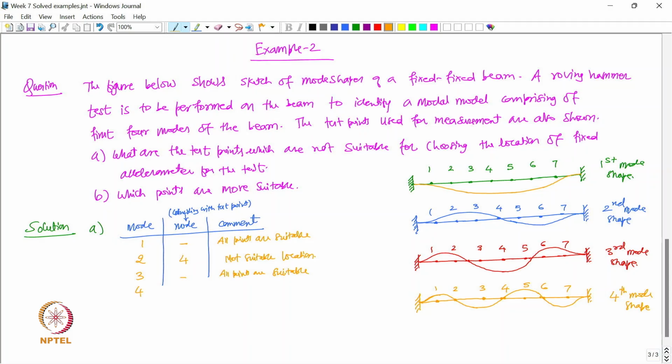Then at the end we have mode number 4, and here we see that we have in fact 3 nodes coinciding with test points, 2, 4 and 6, correct. So, there are 3 points, these are not suitable locations, correct.